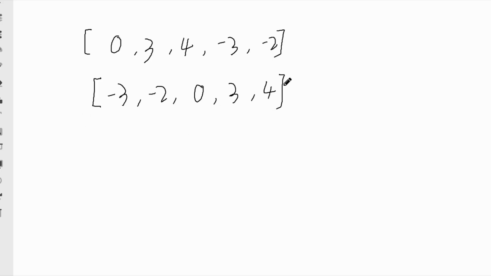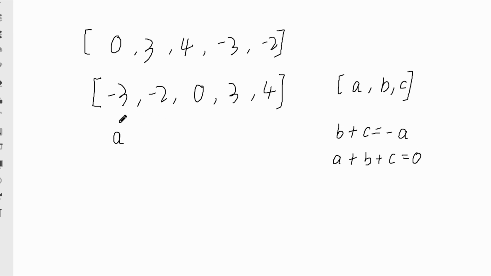Given we need to find the triplet, which is A plus B plus C equals 0, we return the array of A, B, C. So now let's see, -3 is A, and now we need to find the pair B and C. If they equal -A, then A plus B plus C will equal 0.